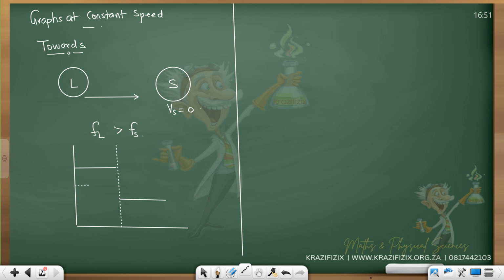Here let's have frequency of the source, frequency in hertz, and here time in seconds.